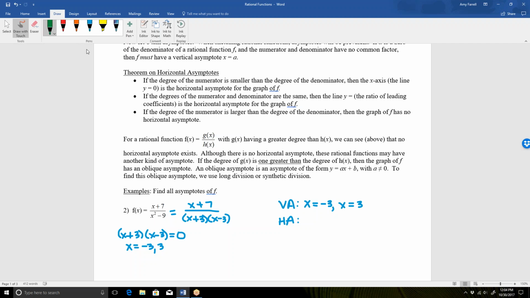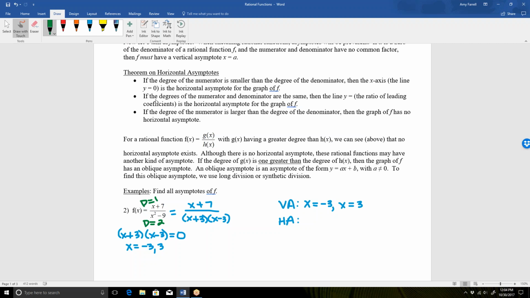And so, looking at our original function here, the degree of the numerator is 1 because x to the first, so our greatest exponent of the numerator is a 1. The degree of the denominator is 2 because the greatest exponent in the denominator is a 2. We have an x squared.